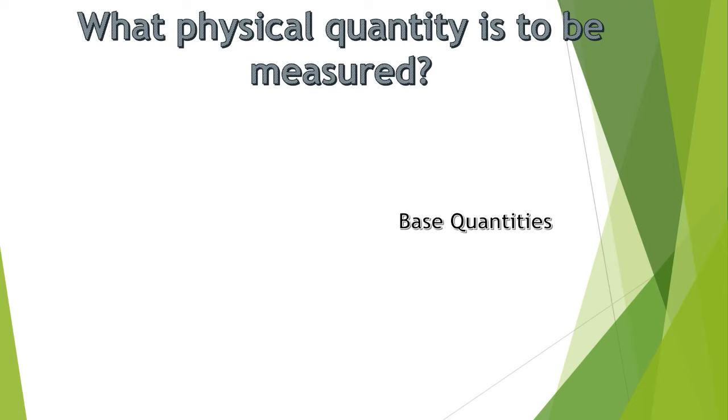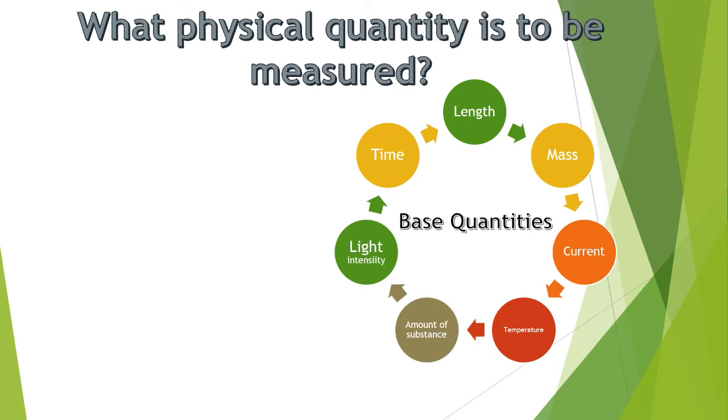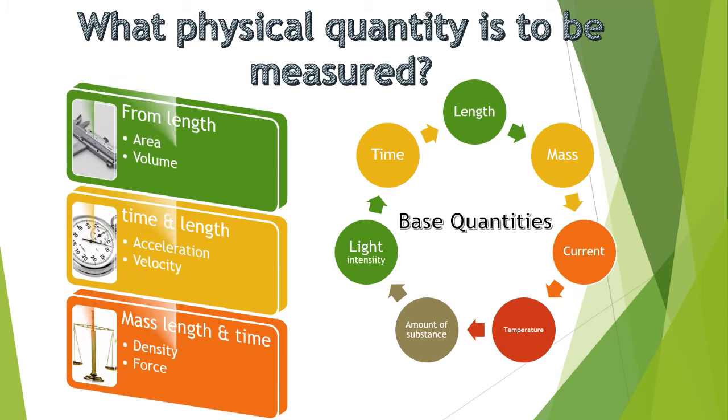Our first question was what physical quantity is to be measured. There are two kinds of quantities. One is base quantities and the second is derived quantities. Whenever we measure base quantities, we know from school physics that there are 7 base quantities.